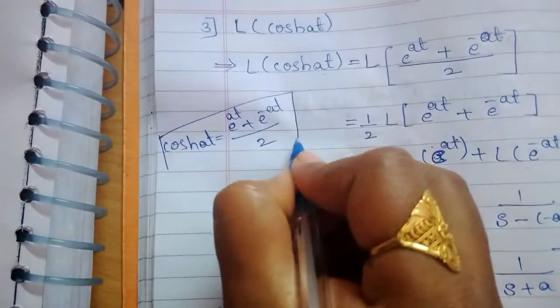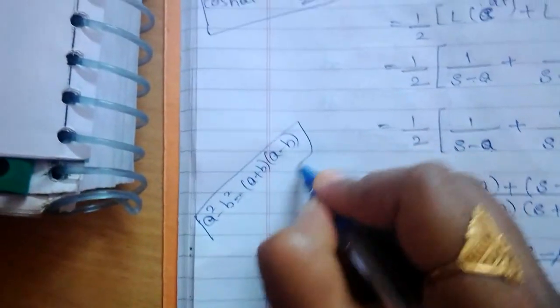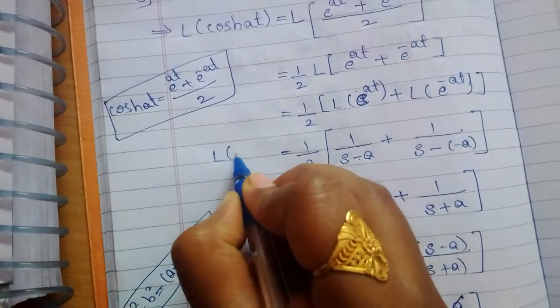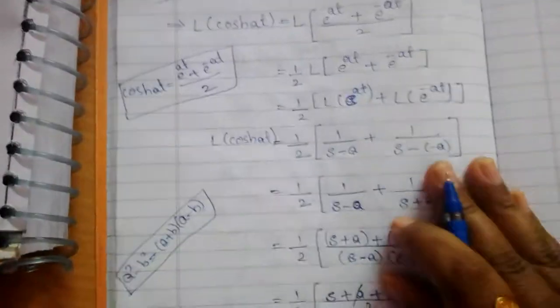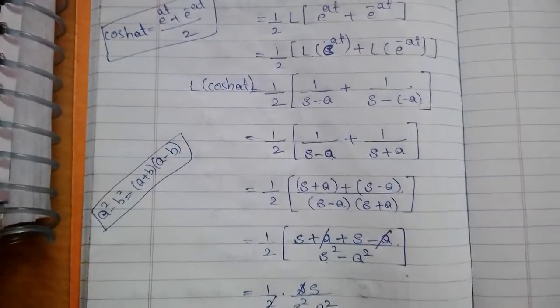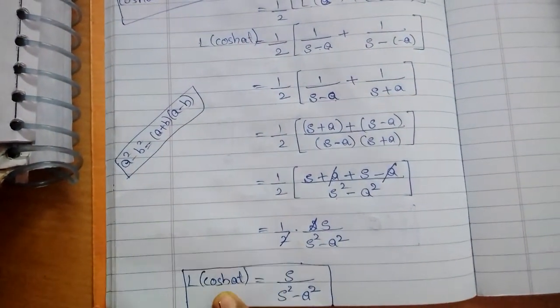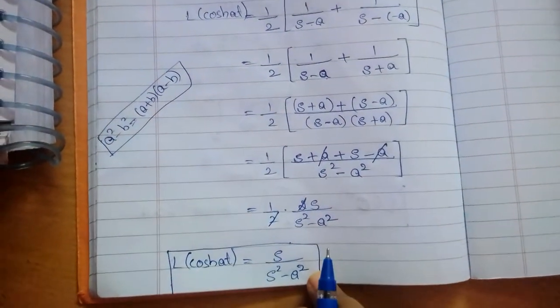You have to use this result here, and these two results we are using in this example. This is how we have to find the Laplace transform of cosh at, which is equal to s divided by s square minus a square.